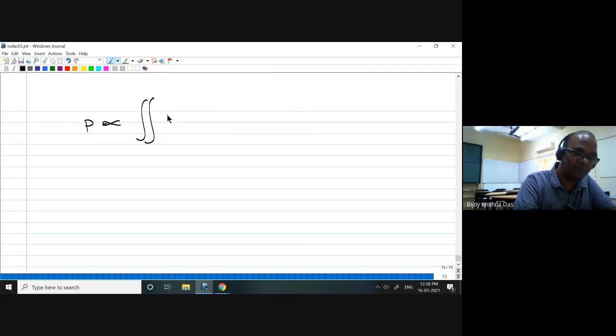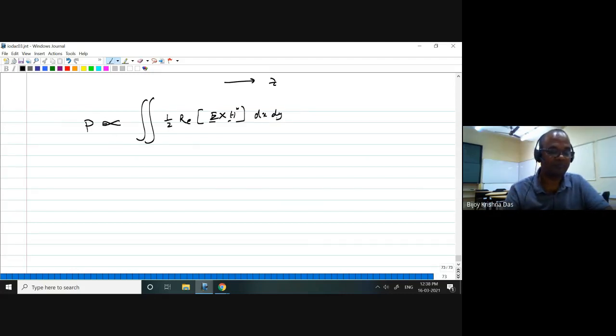It should be half the real part of E cross H star, and if the E field and H field are XY dependent, and it is propagating, suppose, in the Z direction, then this has to be integrated, right? Is this okay up to here?